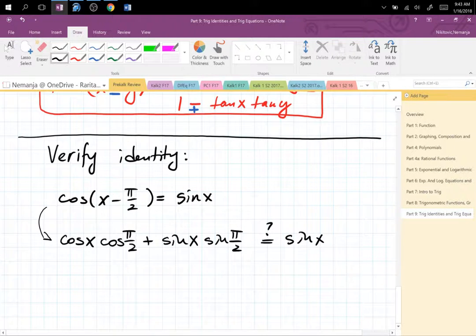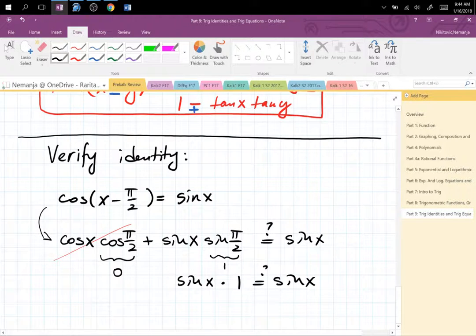Well, cosine of pi over 2 is 0, so the entire first term dies. And the sine of pi over 2 is 1. So what you have is sine x times 1 is equal to sine x, which is true.